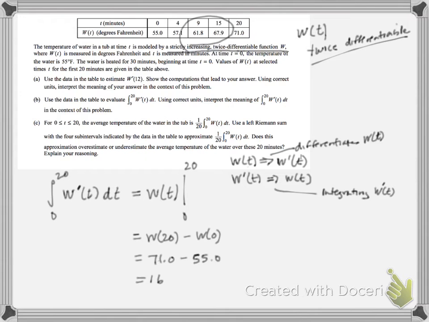So it says, using correct units, interpret the meaning of the integral from 0 to 20 of W prime of t dt in the context of this problem. All right, so we're talking about the temperature of water.